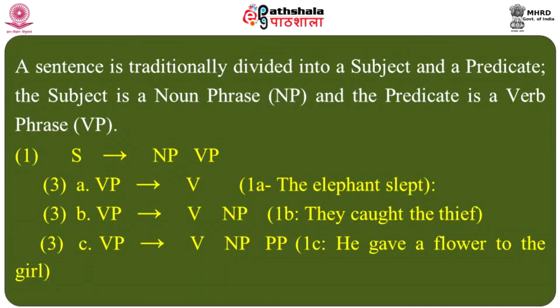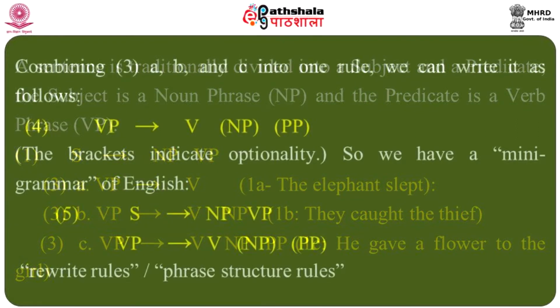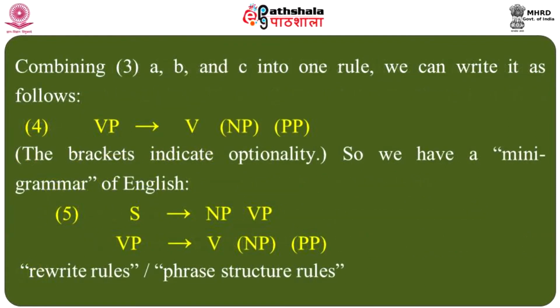So we have a mini grammar of English. It has two rules. Rewrite S as NP VP, rewrite VP as V, followed by an optional NP, followed by an optional PP. Rules like the ones in 5 are called rewrite rules. Rewrite rules express an is-a relation.